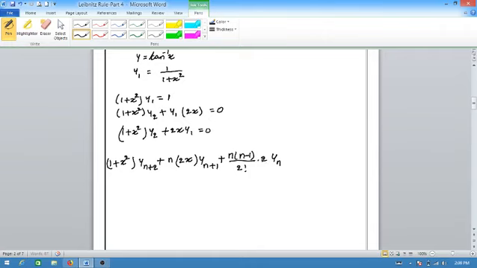Next, differentiation of 2 becomes 0, so that is the first nth order derivative.